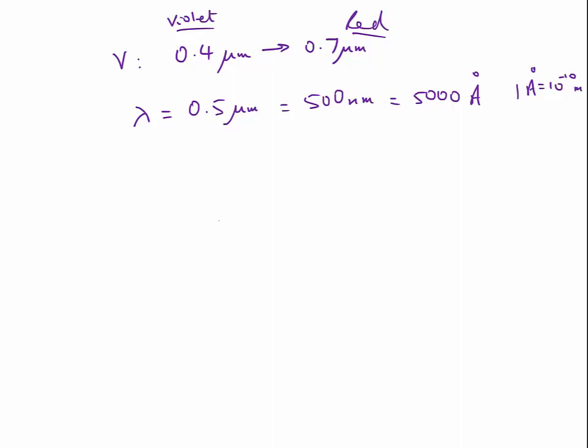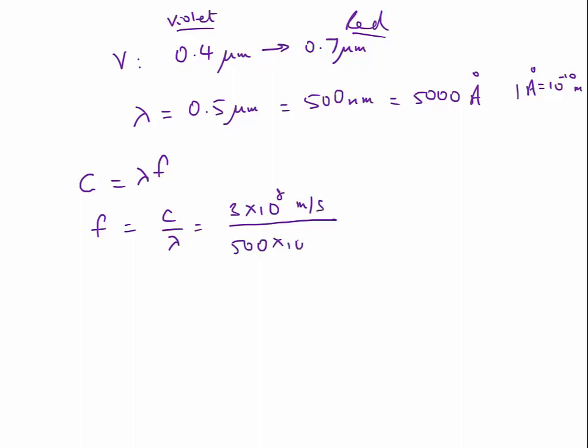So if I want to know the frequency of this green part of the visible spectrum, somewhere in the middle of the visible spectrum, I can calculate it. So I've got c = λf. Rearranging that gives me f = c/λ. I know c is 3 × 10^8 meters per second. I have wavelength as 500 × 10^-9 meters, 500 nanometers.